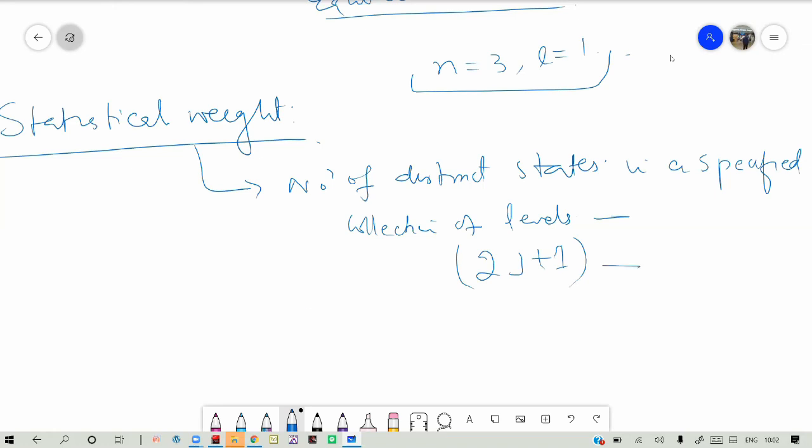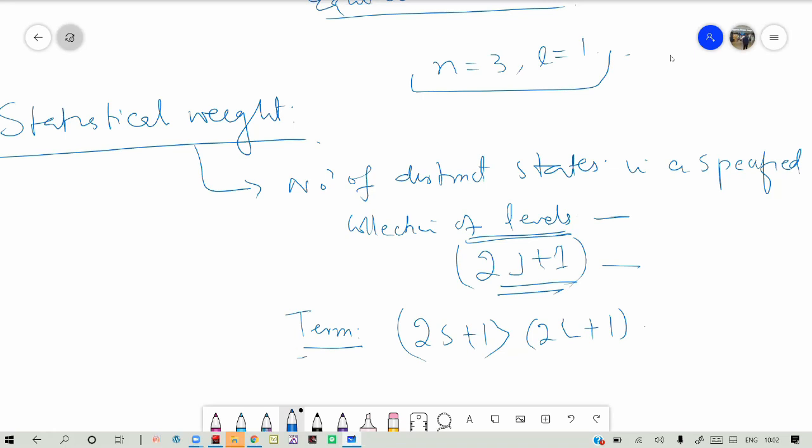If you have a term level, an energy term, it is then given by 2S plus 1 into 2L plus 1. That is the statistical weight. These are how many different states there are in a given energy level, that is 2J plus 1.